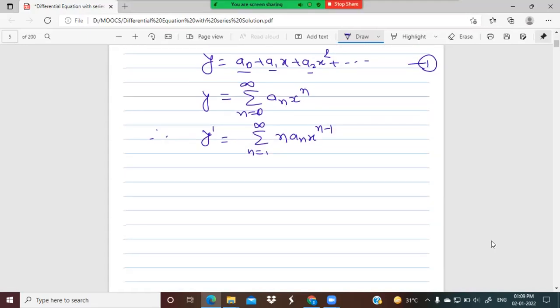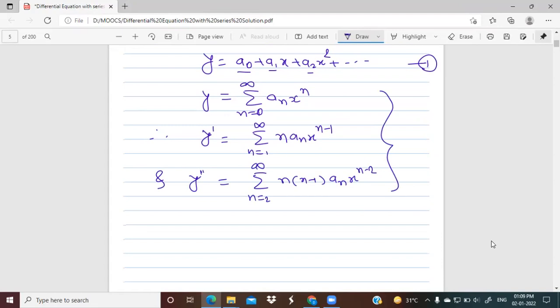We are getting this. Again, I will find y double prime is equal to the summation n is equal to 2 to infinity of n into n minus 1 into an into x power n minus 2. Is it right?